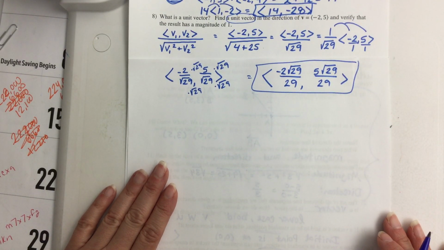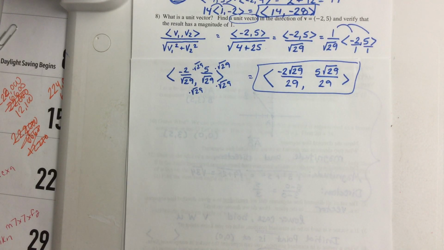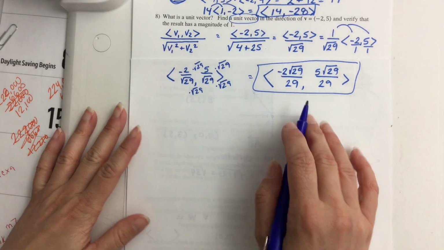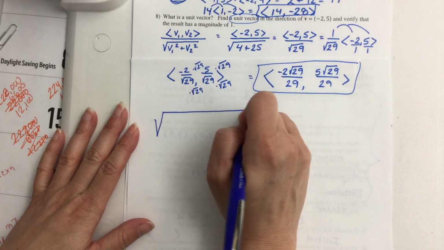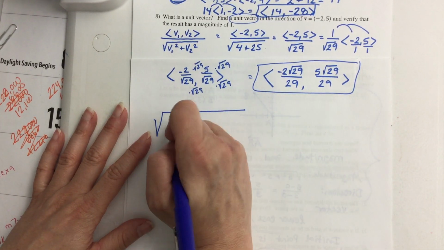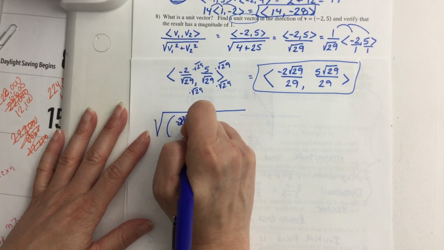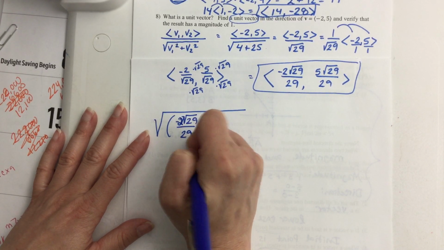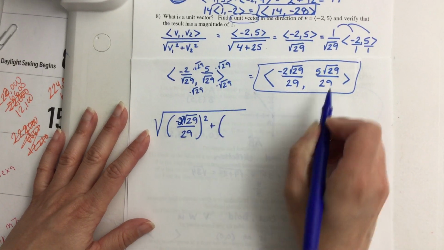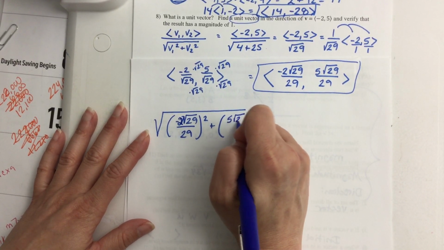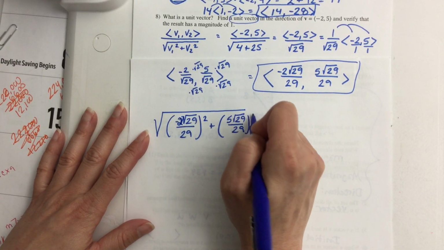Now what they want you to do is to prove it. You have to show that it really has a magnitude of 1. So you have underneath the radical the first value from the component form, so negative 2 square root of 29 over 29 squared, plus the second value, 5 times the square root of 29 over 29 squared.